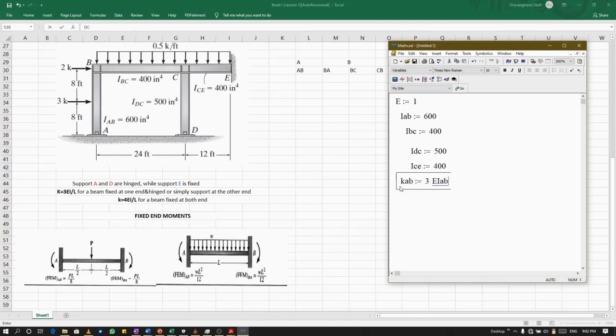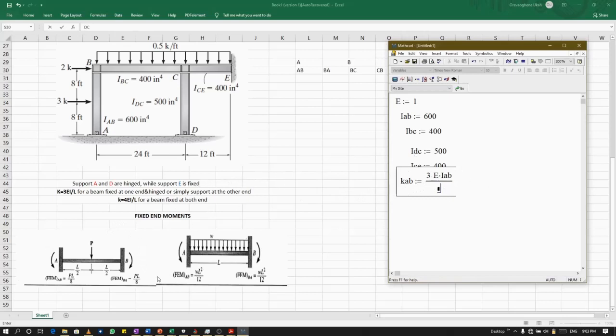Sorry, yeah. So we have 3EI. Let me put my multiplication here. 3EI all over our L.